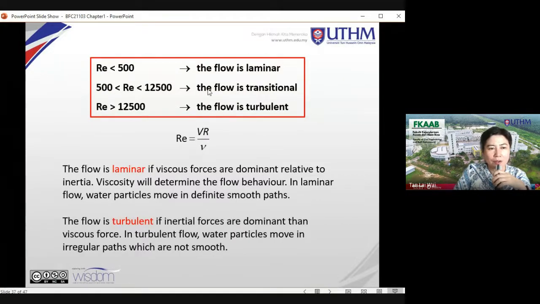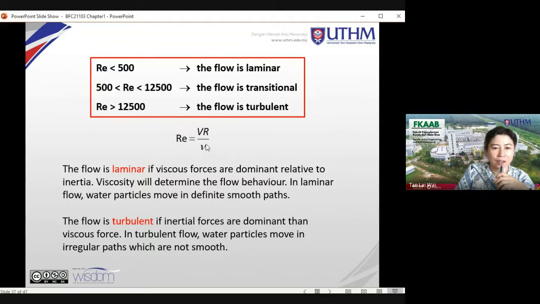So now, let's see the Reynolds number formula. If you look at this, the numerator is the inertial force. The denominator would be the viscous force. If the numerator is greater than the denominator, which is the third case, turbulent, you know that the flow has high velocity, so it is turbulent.